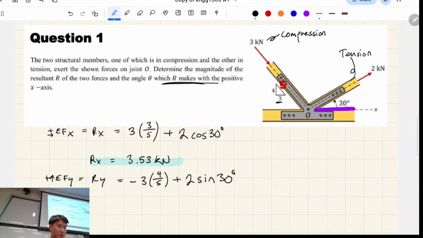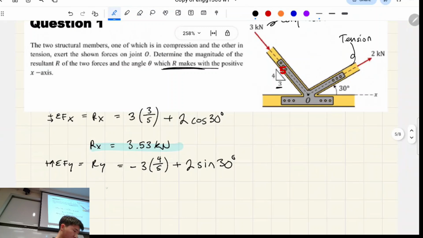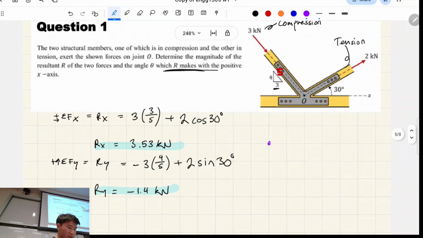And instead, we have 2 sine 30. That's this part here, the opposite side. So we get Ry is -1.4 kilonewtons. All good.